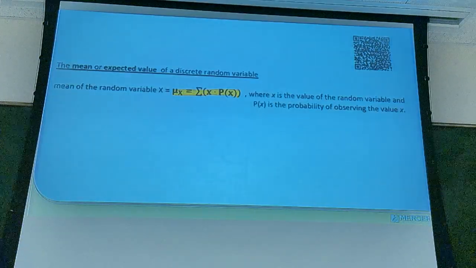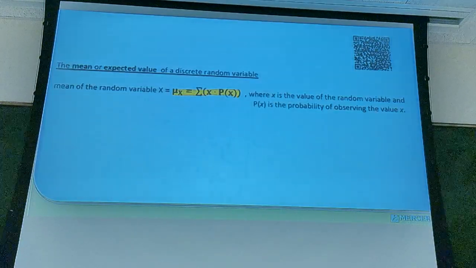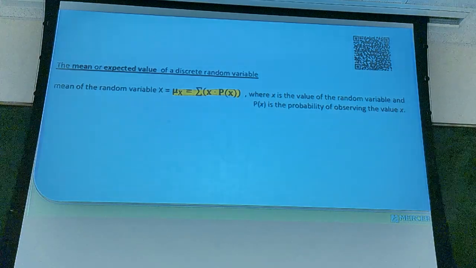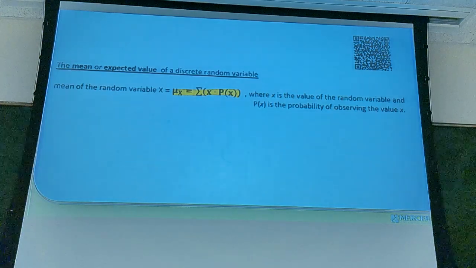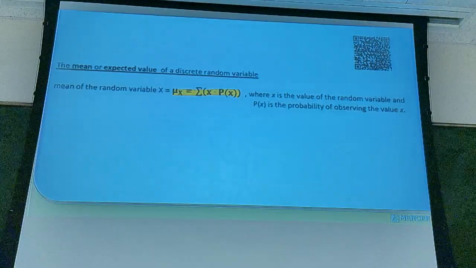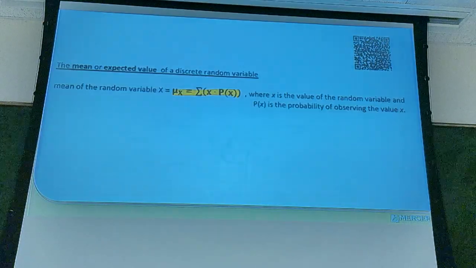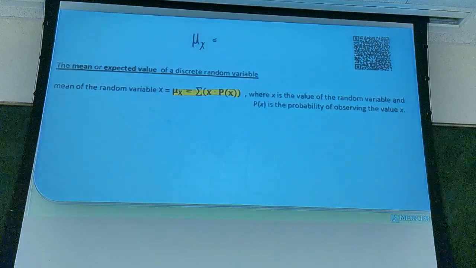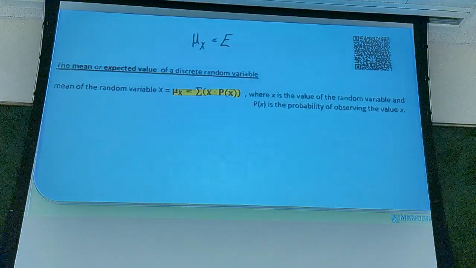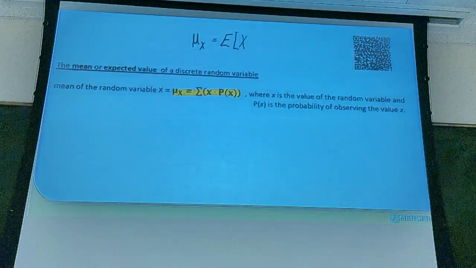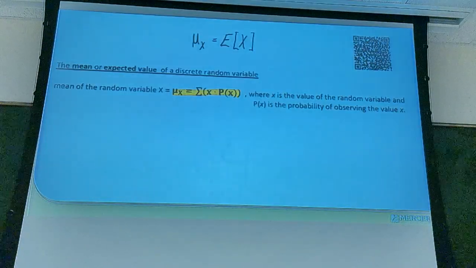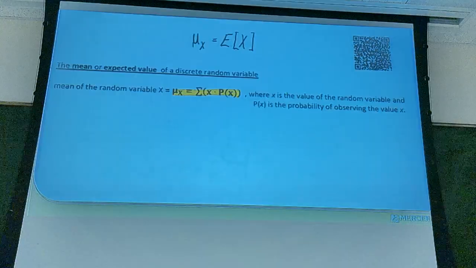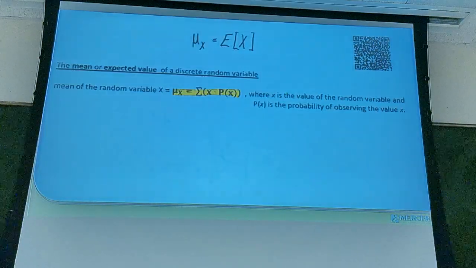That is your average value. Another way of representing mu is E of X, to represent the expected value for X.